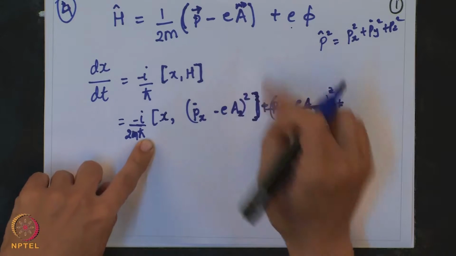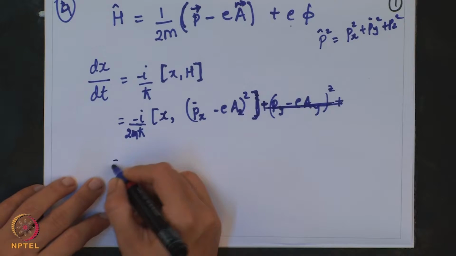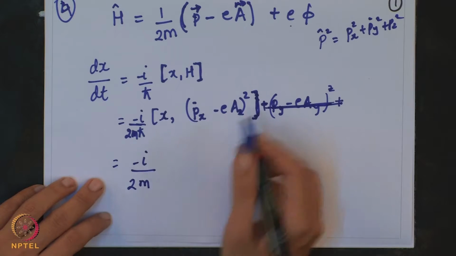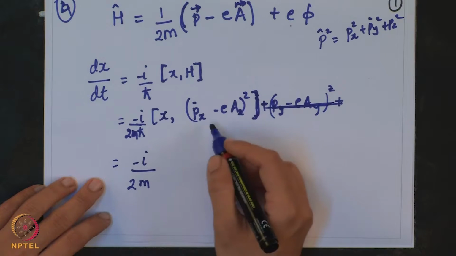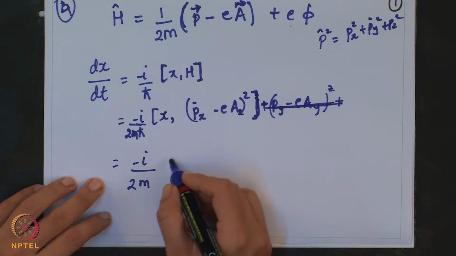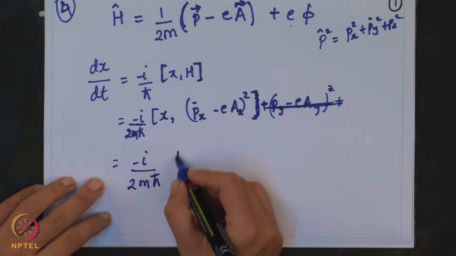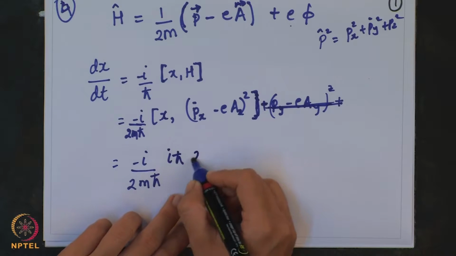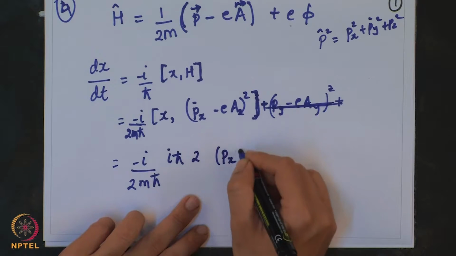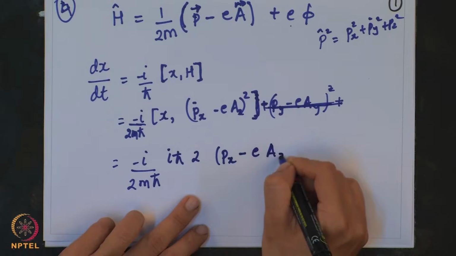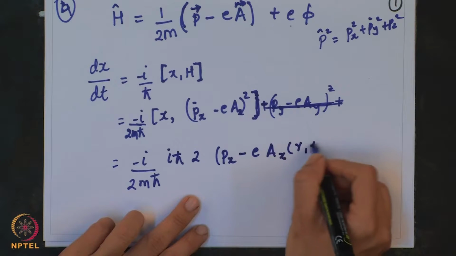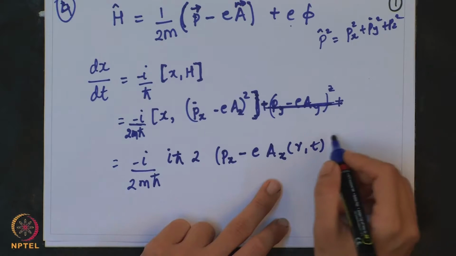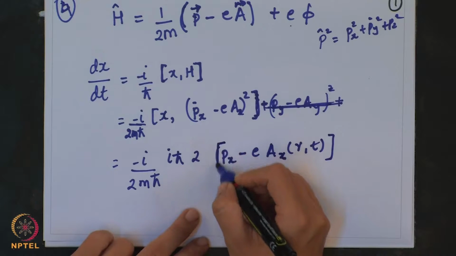Let us drop the other terms: minus i upon 2m, the commutator of x with p square was 2 px, so similarly I will have i h cross times 2 (px minus eAx), which is a function of r and t, that is A is a function of x, y, z and t. So this is what I have.